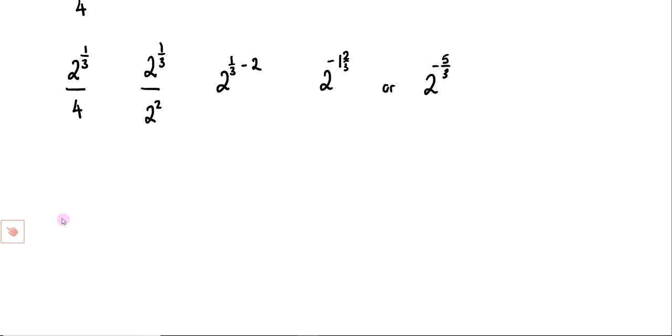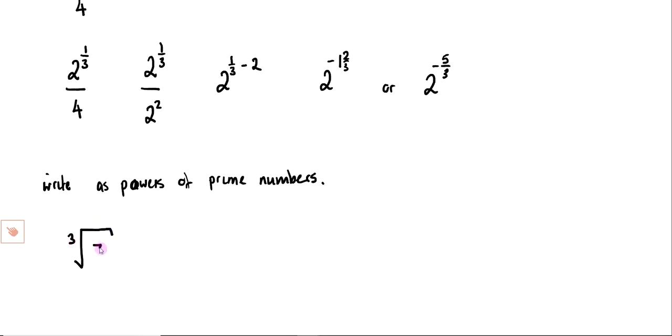Another example then. Going on to the next question: write as powers of prime numbers. And I'm going to ask you why prime numbers again. Let's look at the cube root of 7 multiplied by the 5th root of 7.